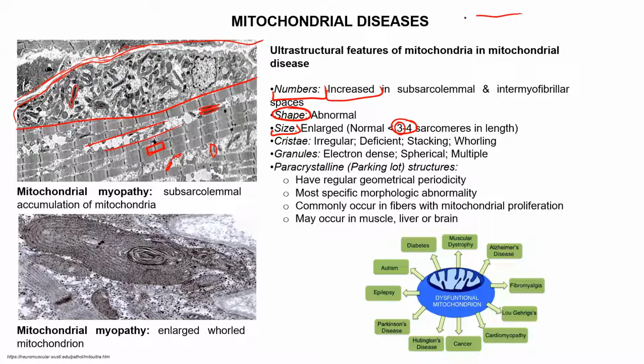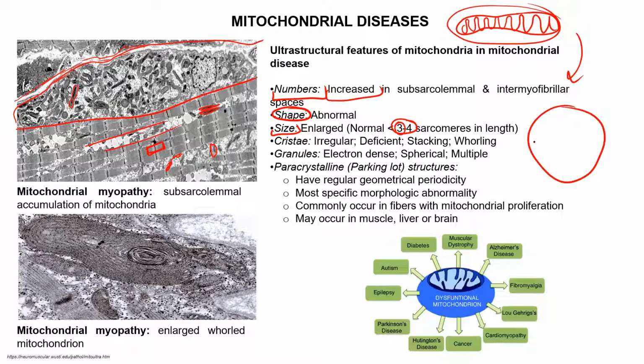Okay, so we might also have shape problems. So let's say that the usual shape for this cell type is kind of a prolonged oval, which means that we have structured crista, etc. And all of a sudden, this type of mitochondria becomes spherical, which means crista will not perform their function.